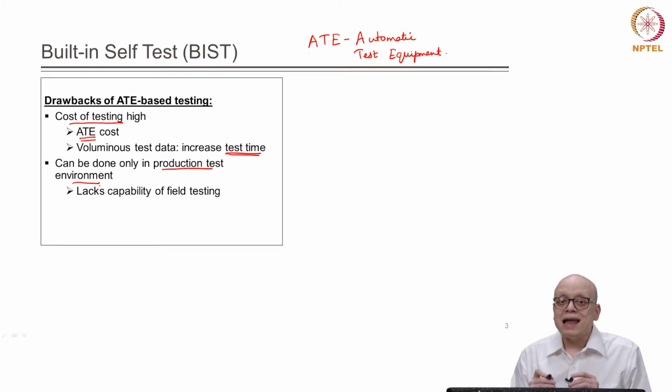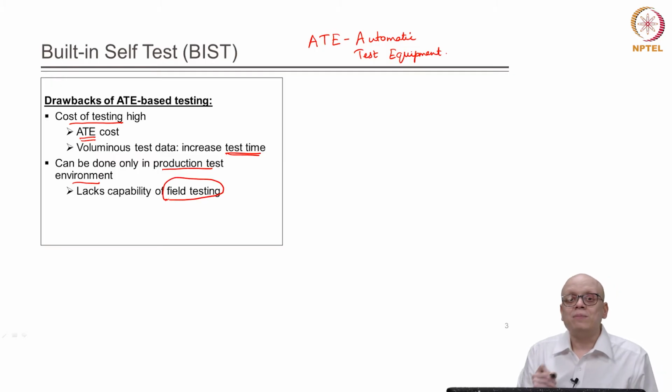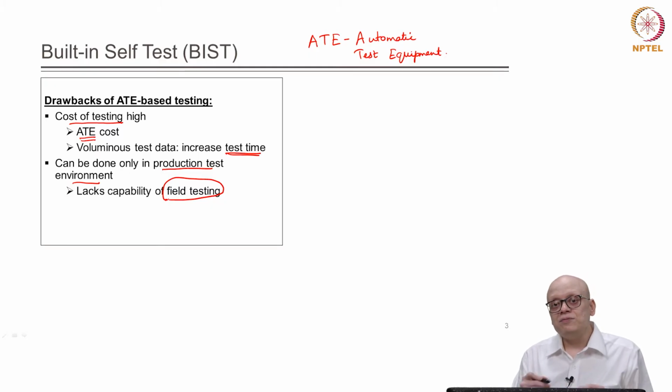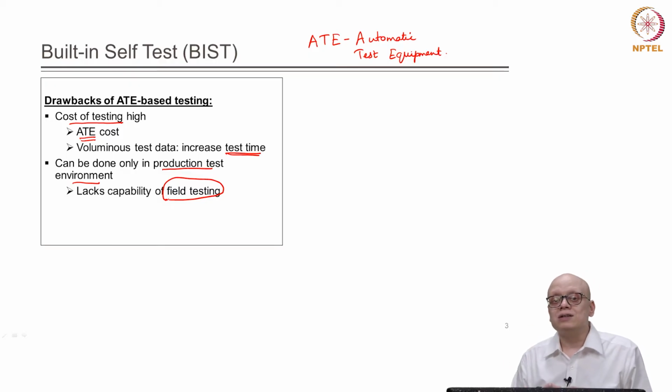But it lacks the capability of field testing, meaning that once we have fabricated our die, found it to be good, integrated it into a system, and that system is being used, and at the system level we suspect whether our integrated circuit is working properly or not, testing the integrated circuit in the field is not possible with ATE based testing.